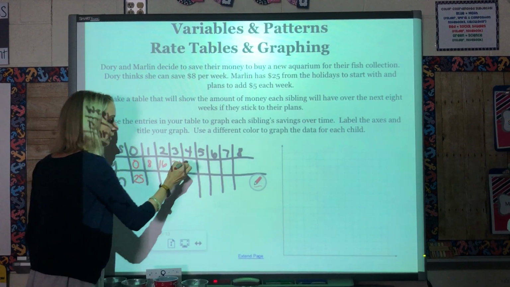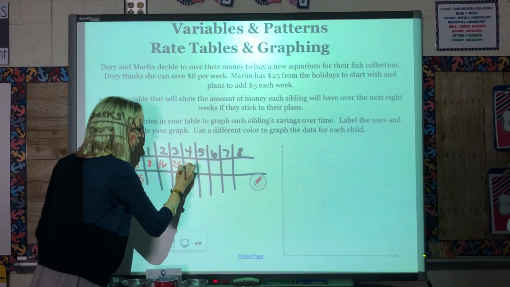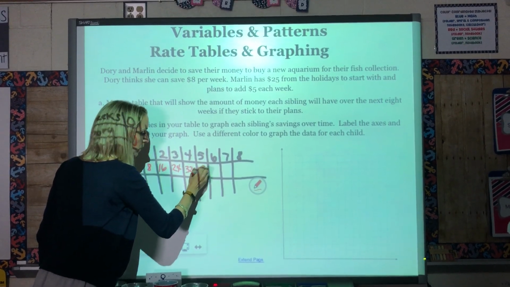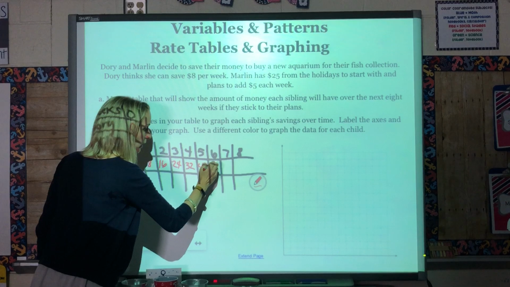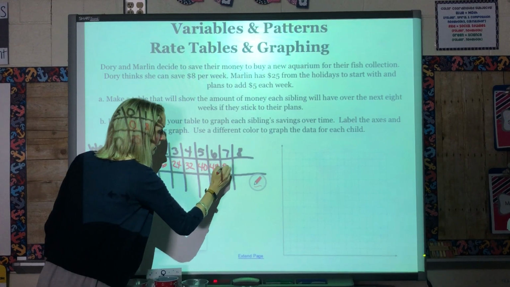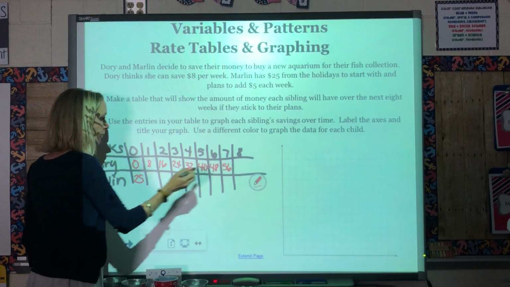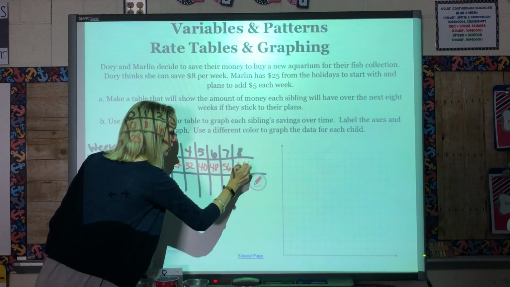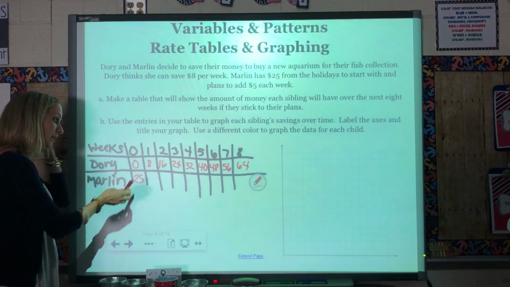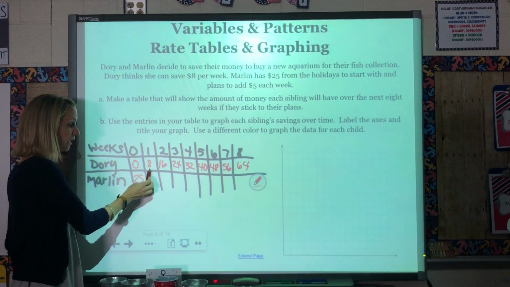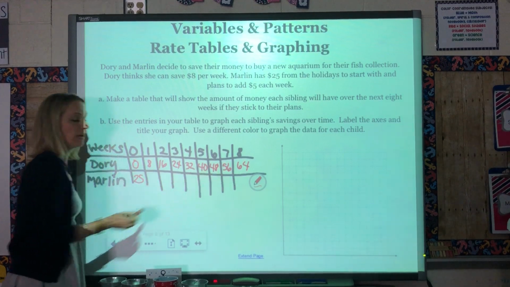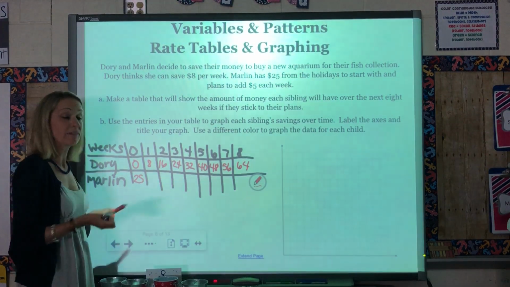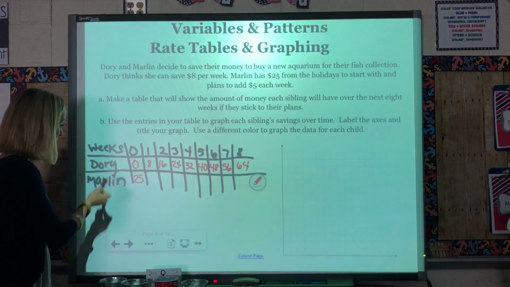Week 4, she will have $32, then $40, then $48, $56, and at week 8, she will have $64. So you may start to see a pattern here that we are essentially scaling up by 8 each time because she's saving $8 each week.